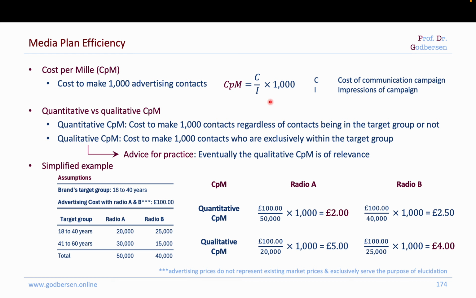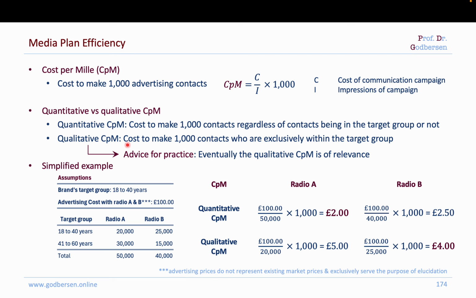Again, here you can distinguish between quantitative cost per mil and qualitative cost per mil. Quantitative cost per mil is the money you have to invest to make 1,000 contacts, again, regardless if they are members of a target group or not.